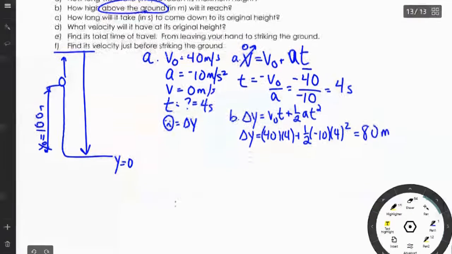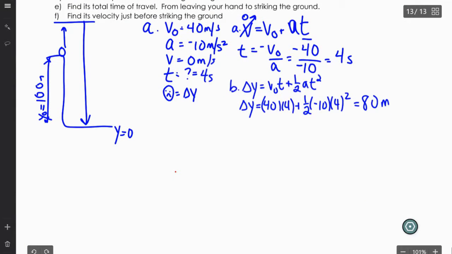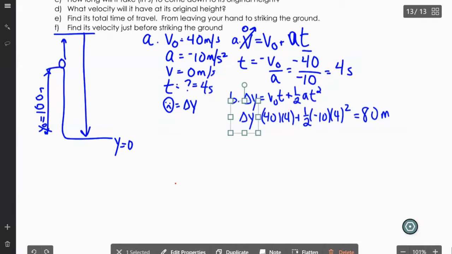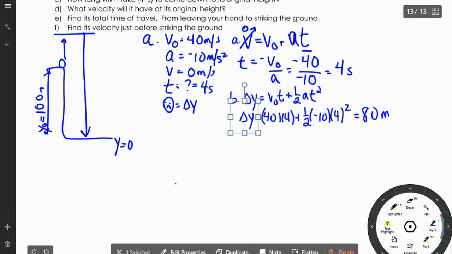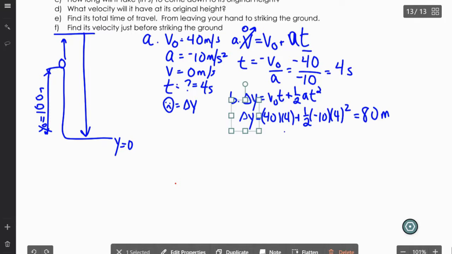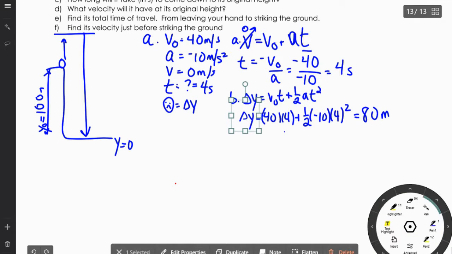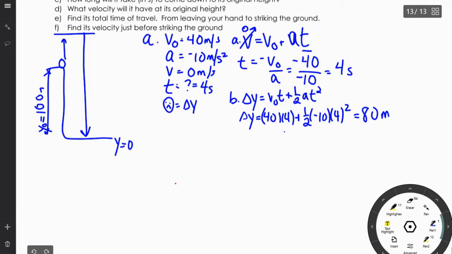But understand, that's not our final answer because we're already 100 meters up. That's just saying delta y equals y minus y0. And this is what we're looking for: how far above the ground are we?